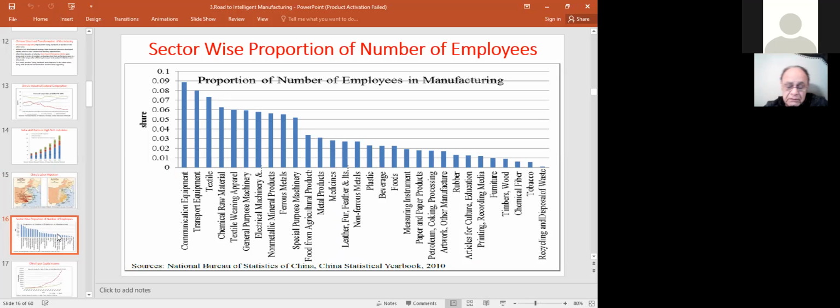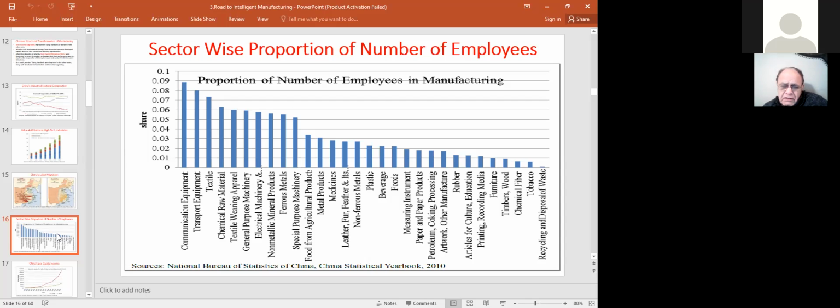So this is how the distribution of employees, workers in various sectors of manufacturing in China is depicted, and you see that this has been really due to the fact that connectivity has reduced the distances.